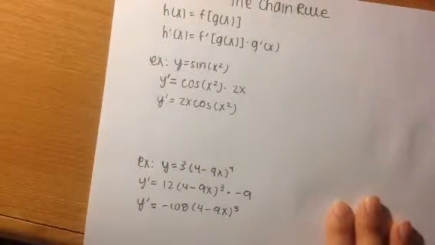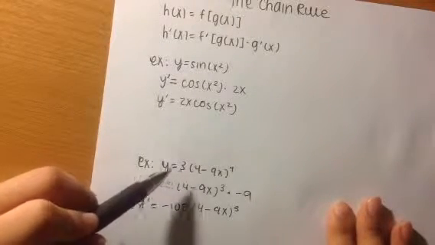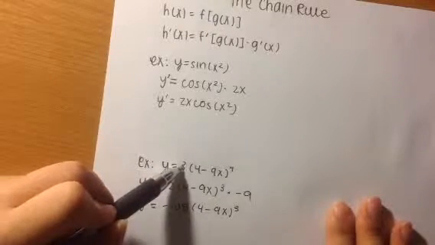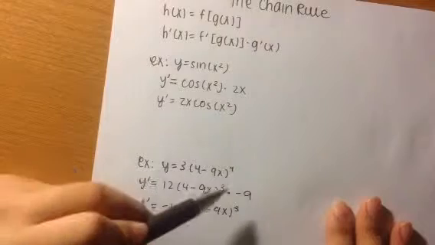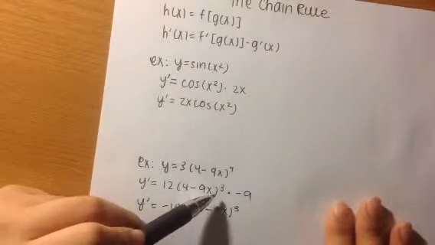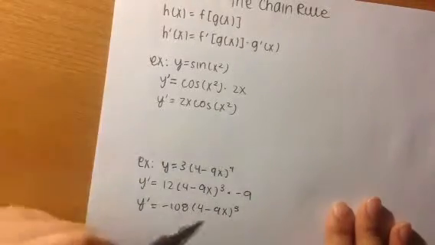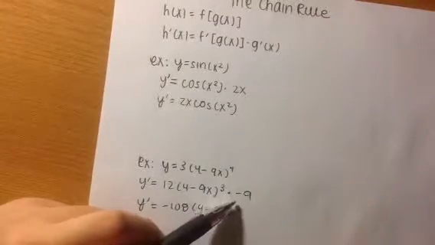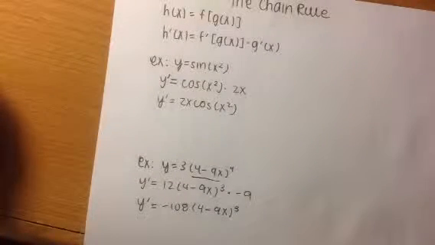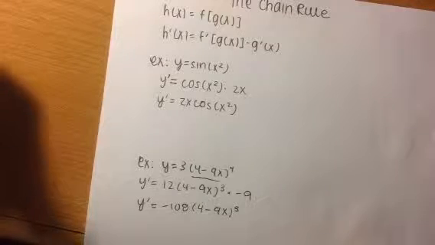So moving on to another example. This one's a little different, but not too much. So y is equal to 3 times 4 minus 9x to the fourth power. Since it has an exponent, we are going to bring that out in front. So 4 times 3 is 12, times 4 minus 9x to the third power, or cubed, because we subtract 1 from 4, times the derivative of the inside, which is 4 minus 9x. 4 is constant, so that is 0, and negative 9x is negative 9.